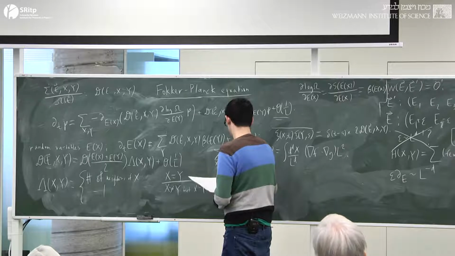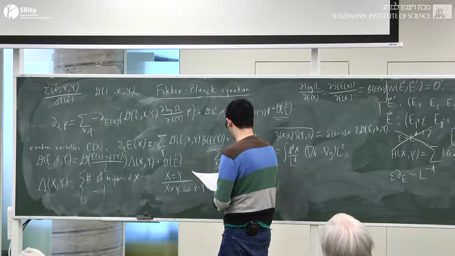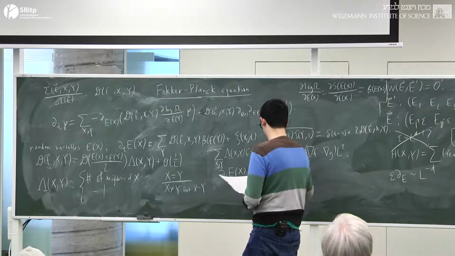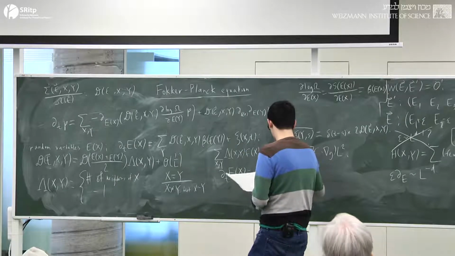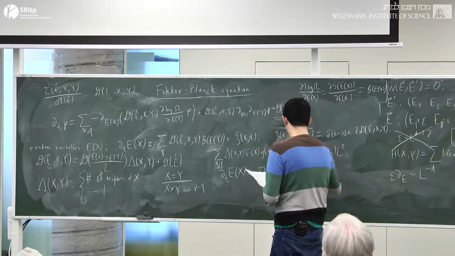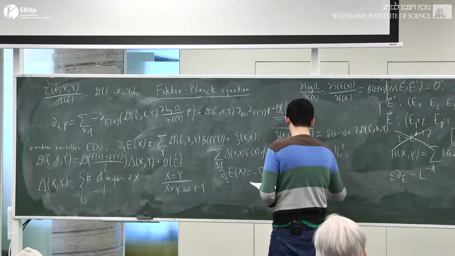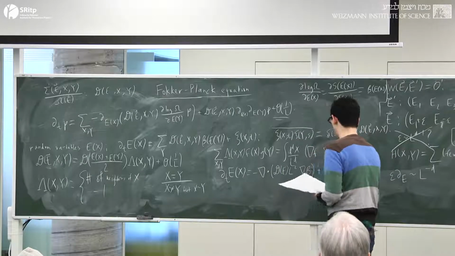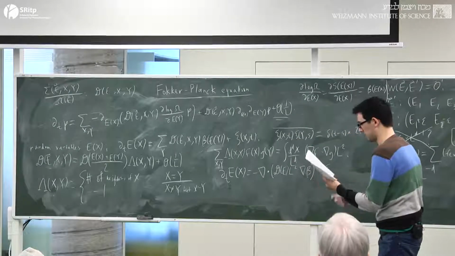All right, so with this in mind, we can take this stochastic equation and rewrite it in the continuum limit as follows. So dt of E of x is minus the divergence of our transition rate as a function of E, L squared times the gradient of inverse temperature, plus the noise, which obeys the same variance.